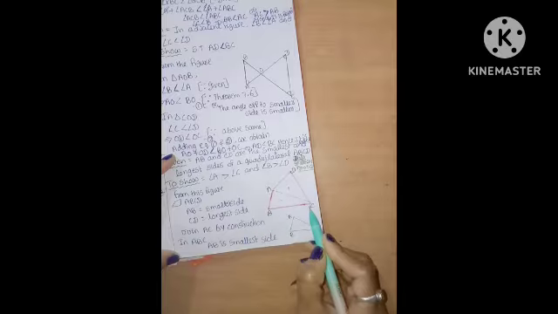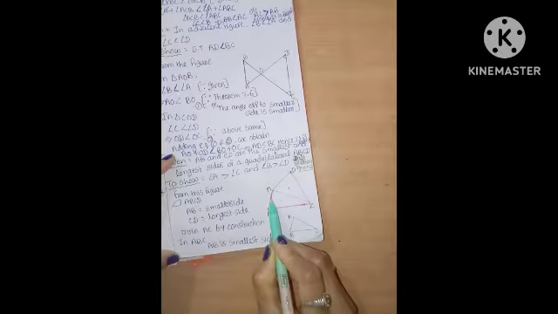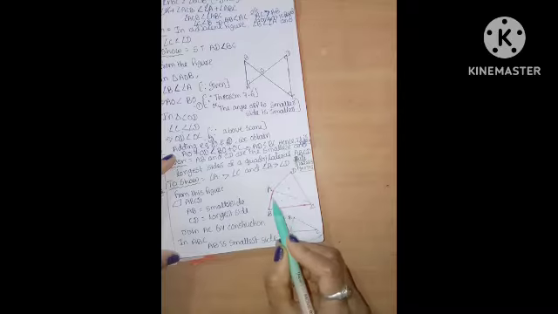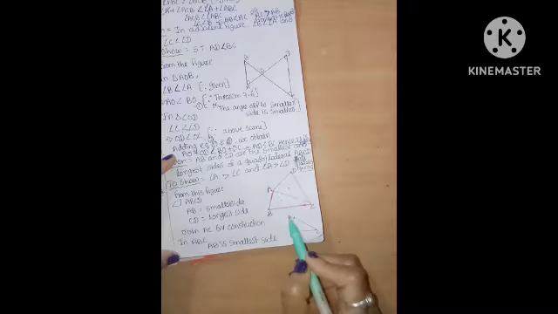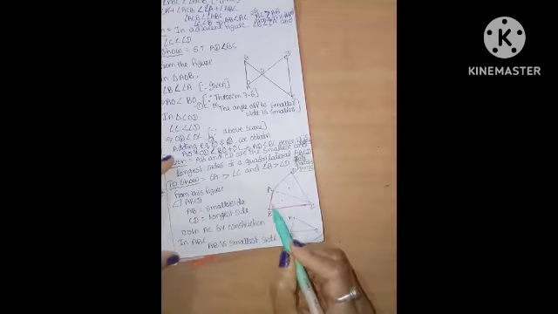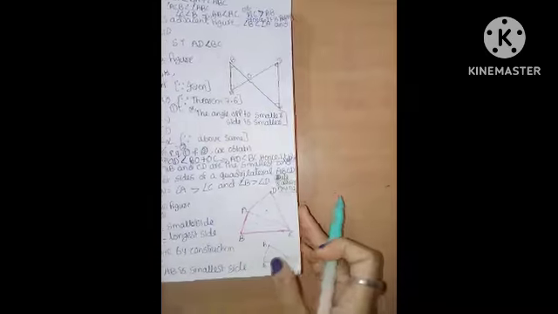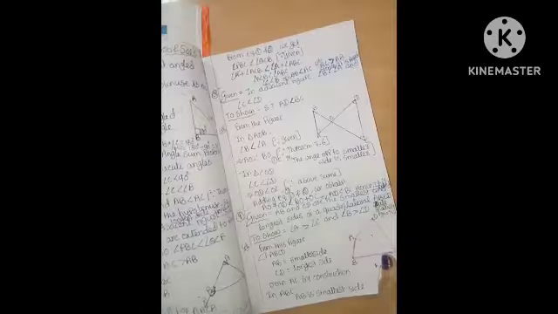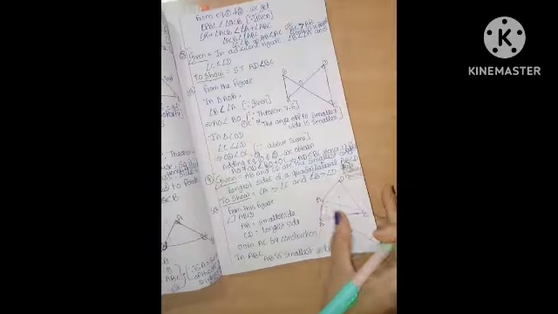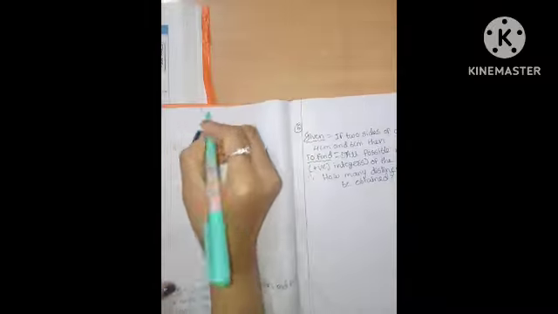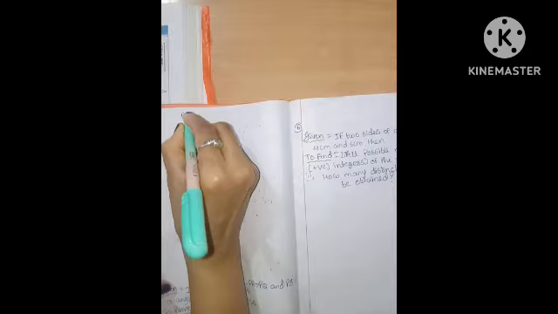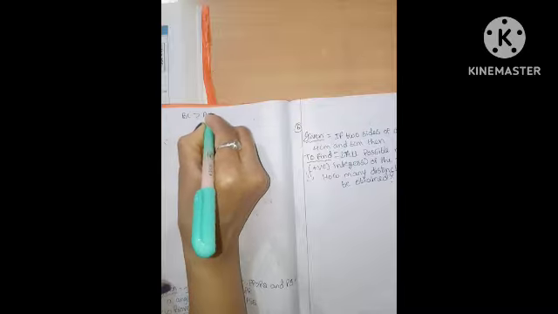Next, BC is the longest, compared with AB. Comparing these two sides, AB is the smallest side as given. So BC is greater than AB.